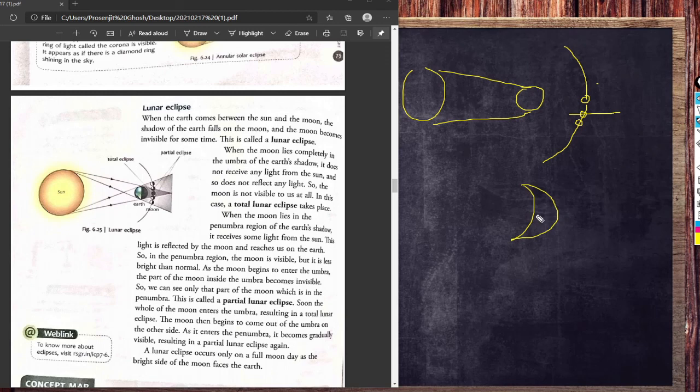This portion of the moon is the darker region, which is nothing but the shadow of the earth by the sun, and the brighter region that we can see from the earth is where the light of the sun is arriving. So in this case as well, we have total lunar eclipse and also partial lunar eclipse in the right section or left section.